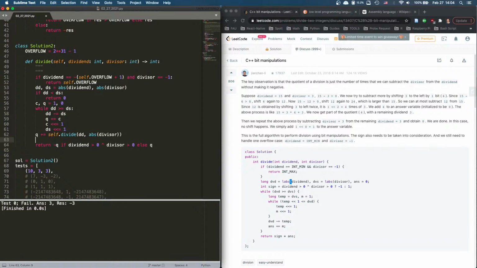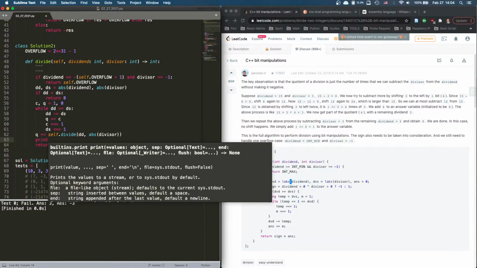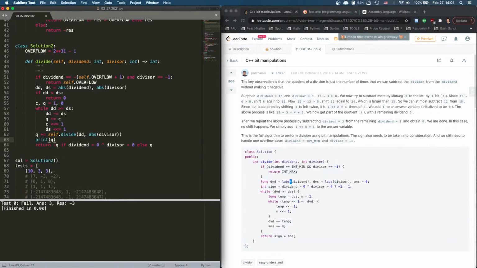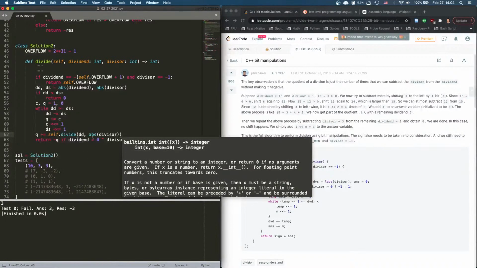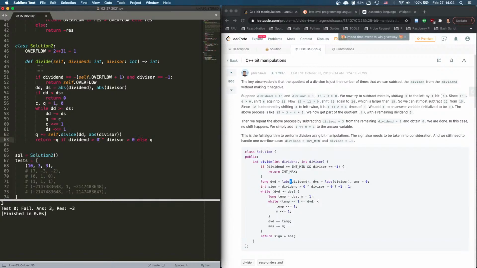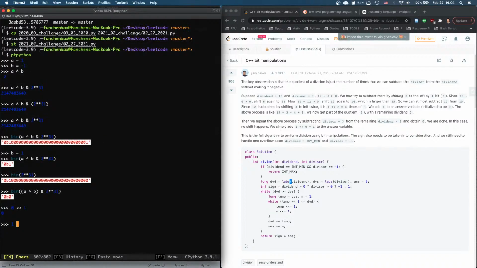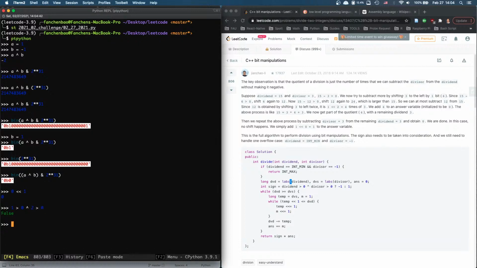Let's see what we have. Yeah, it's 3. I think this part is not right. True is 1, right? Okay, 1 larger than 0. Exclusive or 2 larger than 0. We have false.